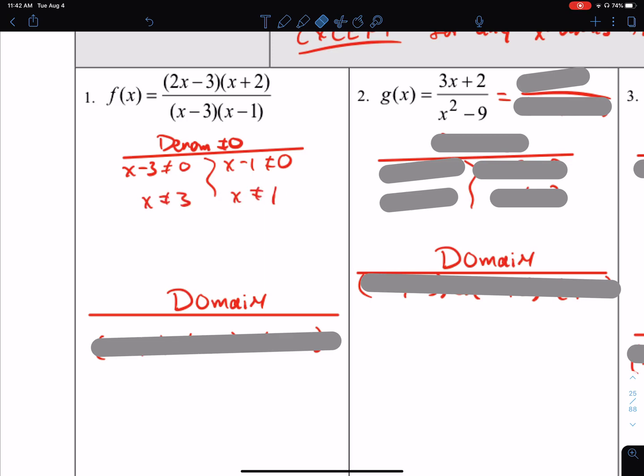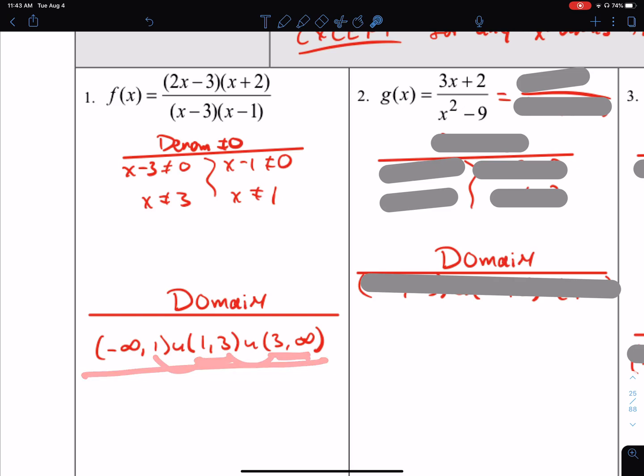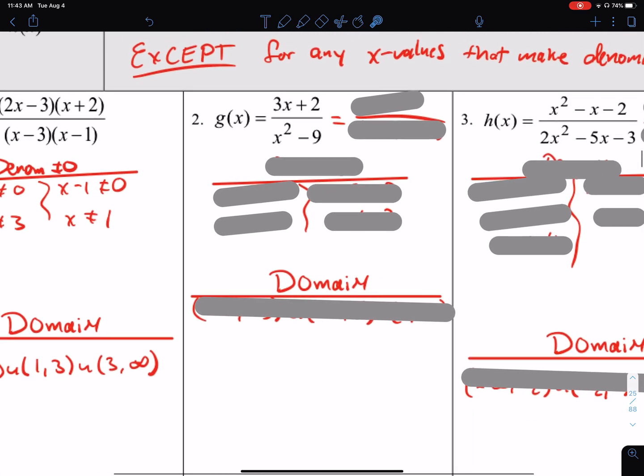Solving each of those, we get x can't be 3 and x can't be 1. So the domain is everything but 1 and 3. So we go negative infinity to 1, skip over 1, 1 to 3, skip over 3, 3 to infinity. This is everything but 1 and 3. Number 2.